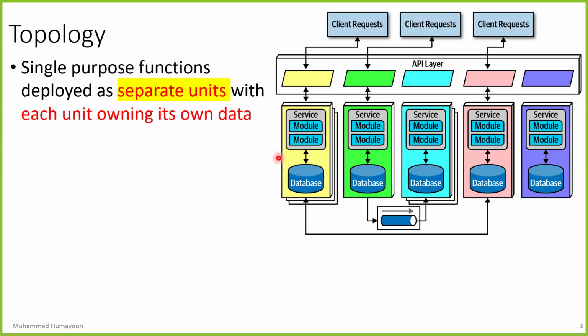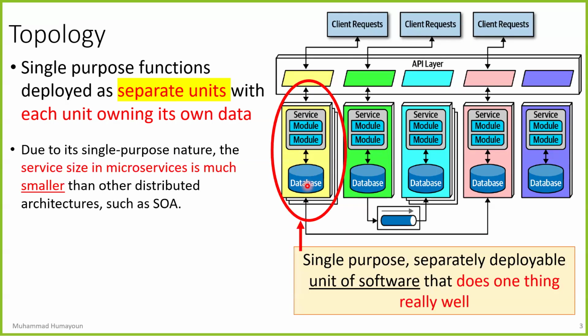So these are single purpose functions deployed as separate units, with each unit owning its own data. That could be a database or something else. As I have just said, it's single purpose and separately deployable. Yeah, this is also very important.